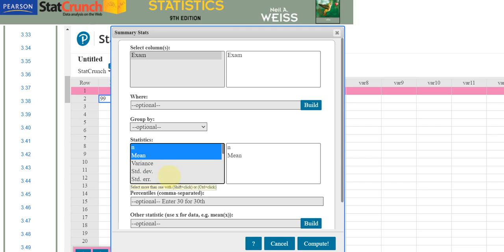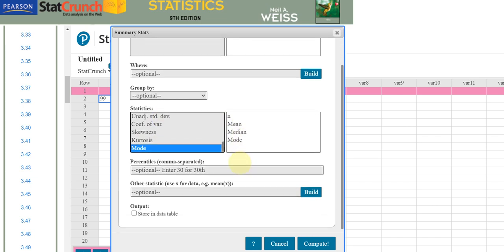Keep it depressed, and then scroll down until we see, oh, there's median. Left click once. Don't let go of the control button until I tell you. And then I'm gonna go down, down, down, and there you go, mode is at the end. I'm gonna let go of the control button now because I made all my selections.